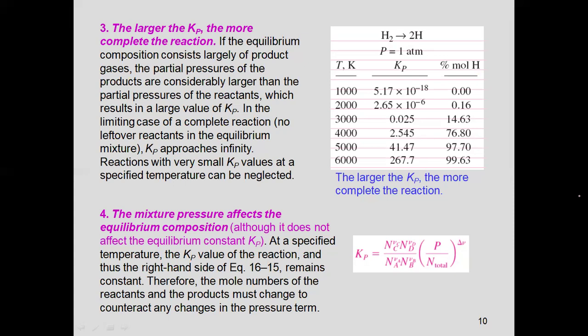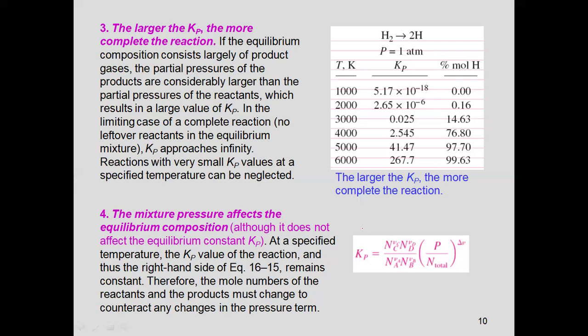If the Kp value is large, then it will be more towards completion. But how much is more? There may be a confusion, so to understand that, there is a particular guideline with Kp greater than 1000.